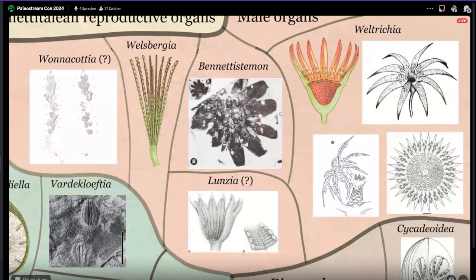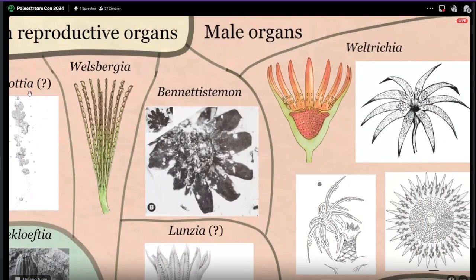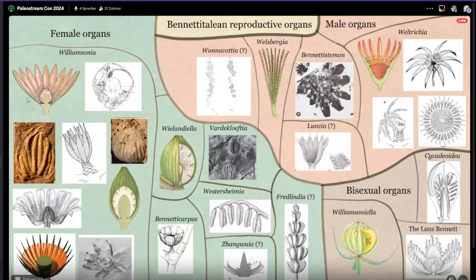They have often quite a deep central cup with resinous bodies, or basically nectar-producing organs, with spore-producing microsporangia on these radial lobes. And these two different genera are basically the male and female organs of the same type of plant.